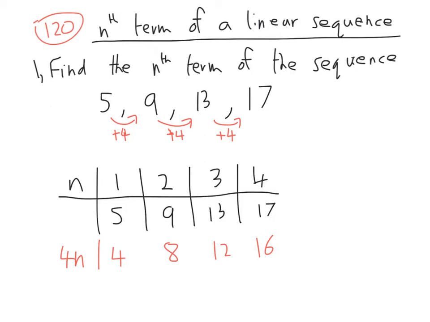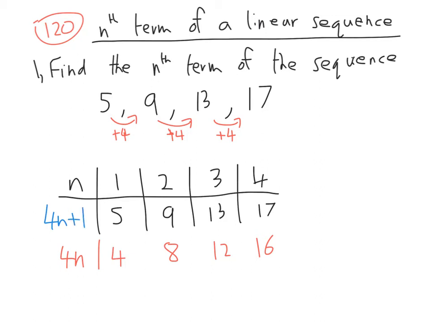And that's really useful because we can compare 4n to the sequence we have. This sequence is very similar to the 4 times tables. It also goes up in 4s, but it's 1 larger than the 4 times tables each time. So if the 4 times tables is 4n, then the sequence that we're trying to look at is 1 more.